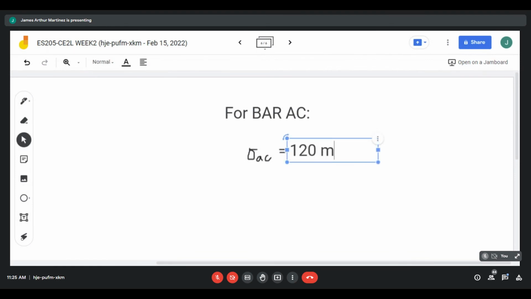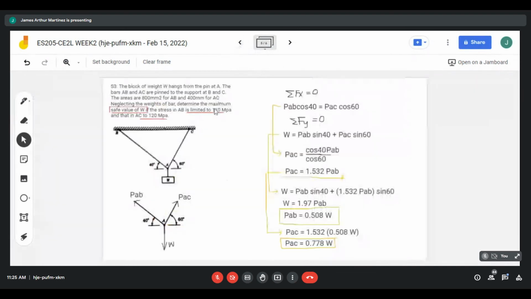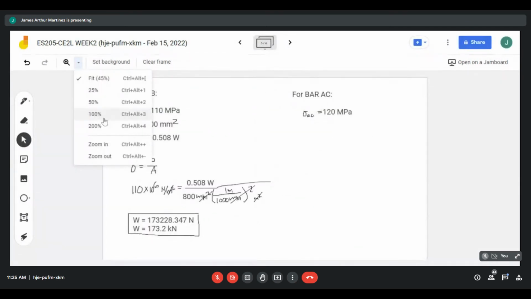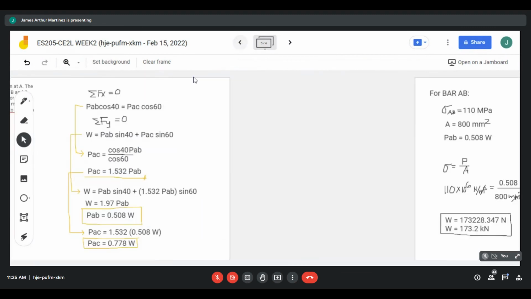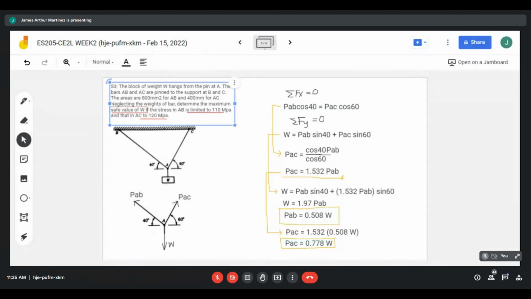And the cross-sectional area for your bar AC is 400 millimeters squared.